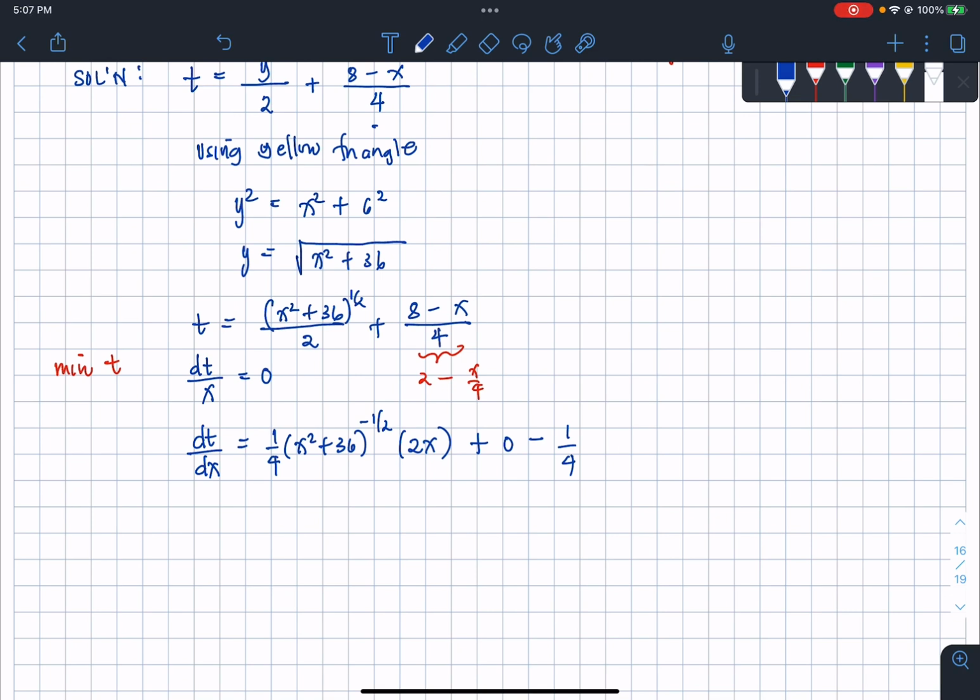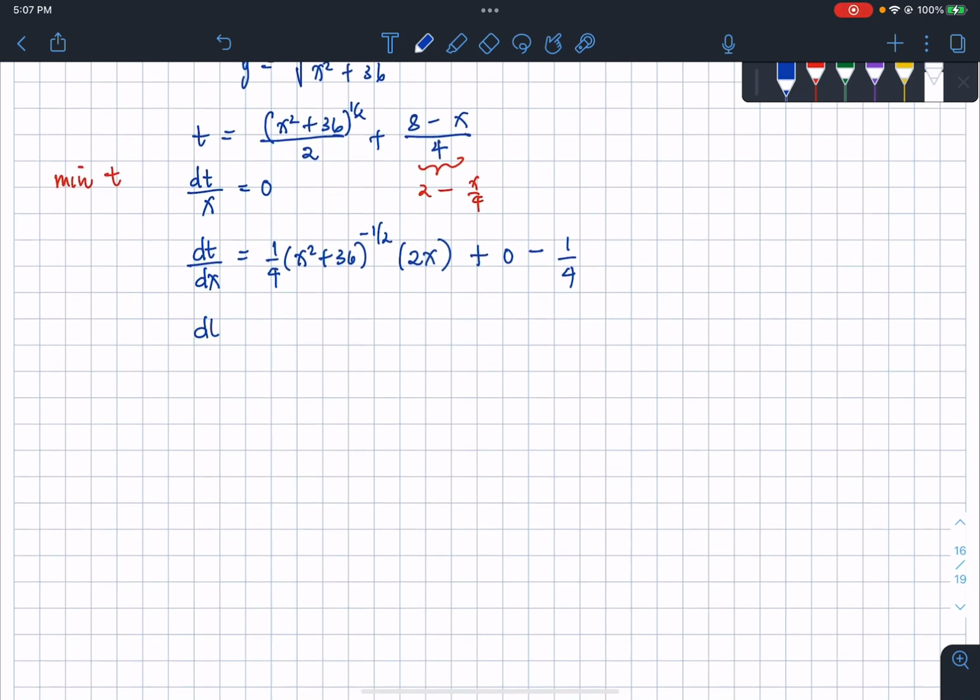So from here, we can now have dt all over dx equal to 2x over 4, so that is 1/2, or just x all over 2. So 2/4 is 1/2. And then we have x squared plus 36 raised to negative 1/2 minus 1/4.